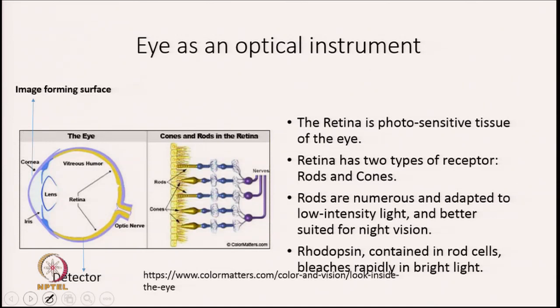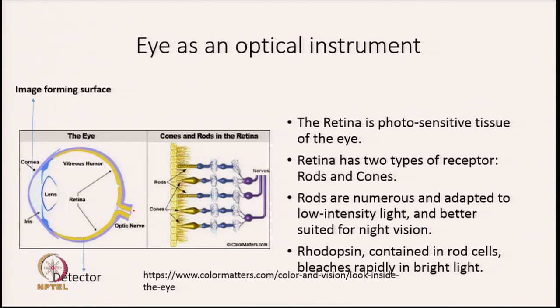Now, eye has different parts. You have cornea, you have iris, a lens, this is vitreous humor and there is a retina and this is your optical nerve. These are the few parts of our eye.